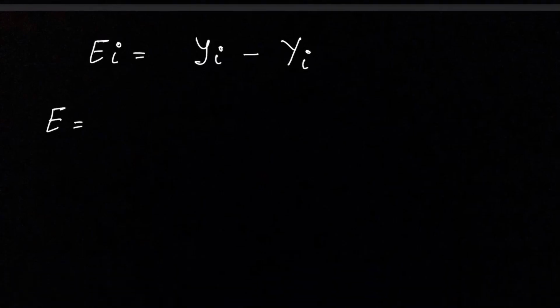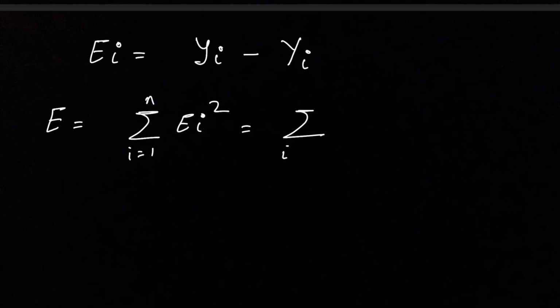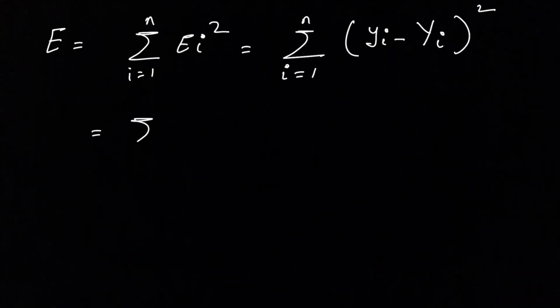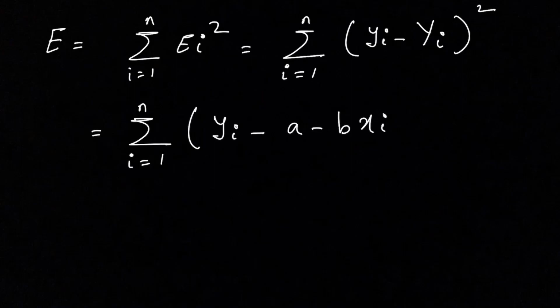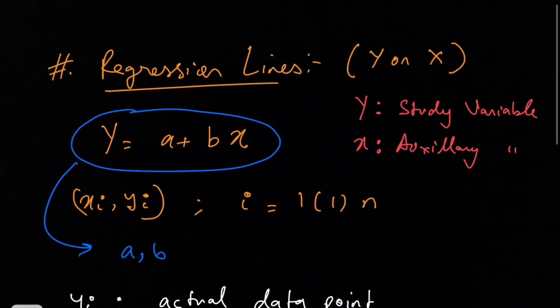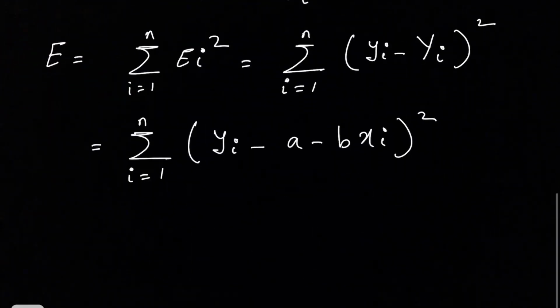So we'll define E as the summation of the ei squares, i is equal to 1 to n, which is nothing but summation i is equal to 1 to n, yi minus capital Yi whole square, which is nothing but summation i is equal to 1 to n, yi minus a minus b xi, just putting the value of Y at this part.